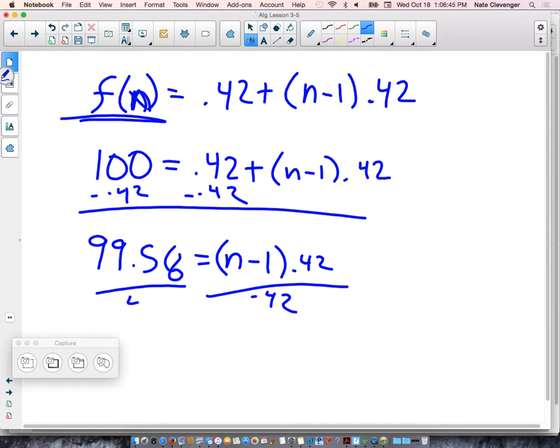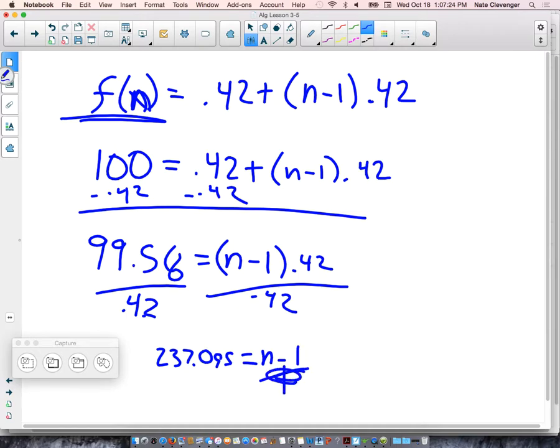Gonna have to get a calculator on that one. 99.58 divided by 0.42 equals 237.095. So n minus 1 equals that, so you can add one more to that.